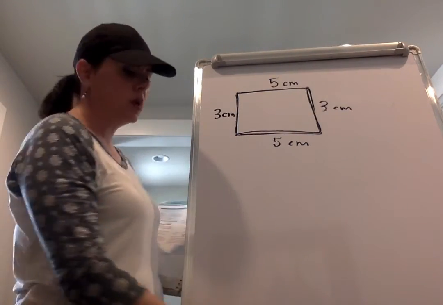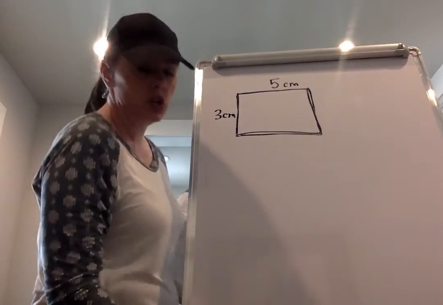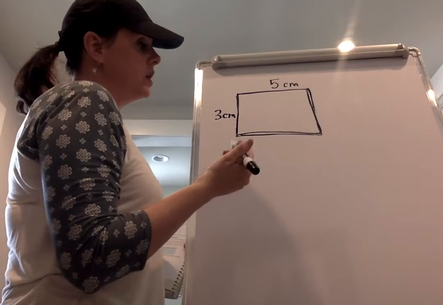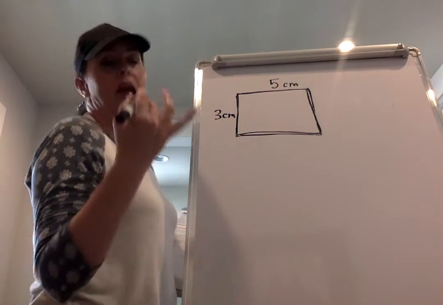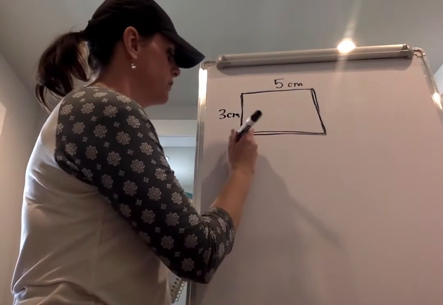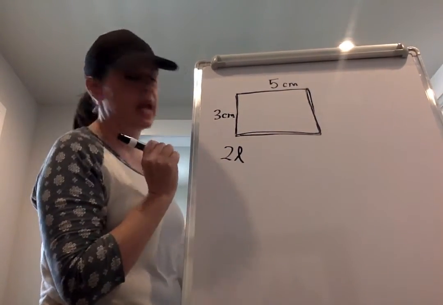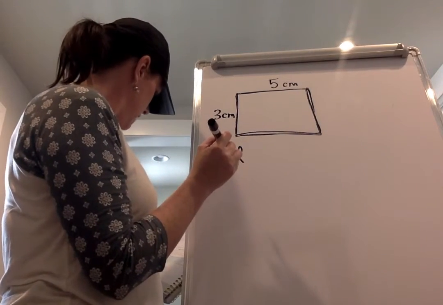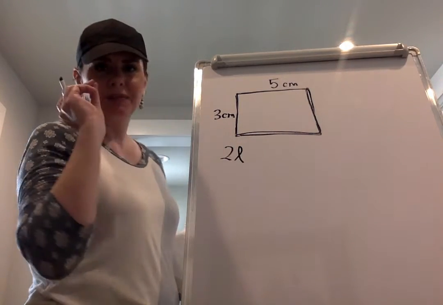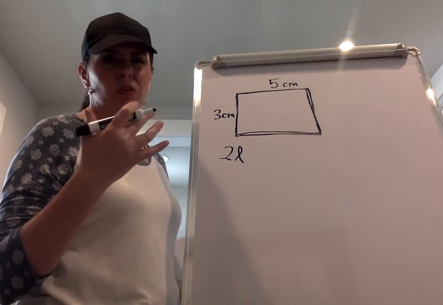Another way that we could do it, I'm going to erase these right here. Another way that we could show that, if we had a formula for perimeter, it would look like this. 2 times the, I'm going to do a cursive L for today, because they have it as just a line, a lowercase l, and that is really hard to remember.